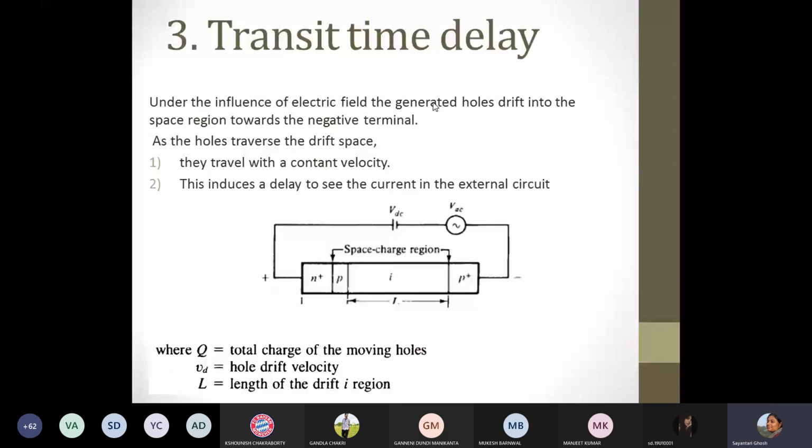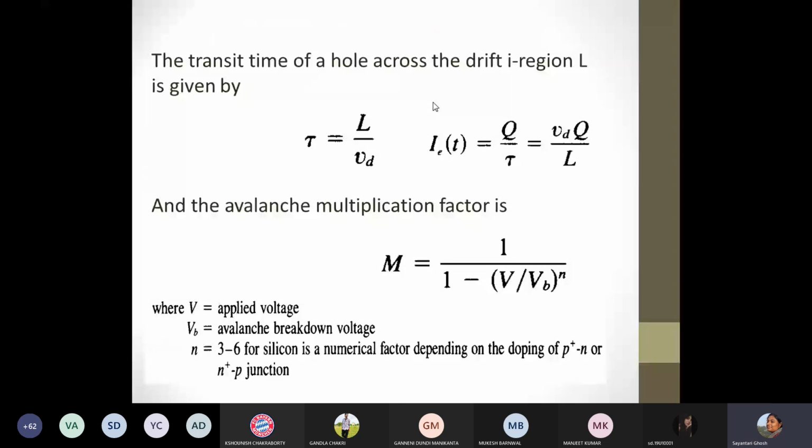These things are controlled by the transit time, which is given by the length divided by the drift velocity. The drift velocity is constant because the field is constant, for electrons and holes. If I supply you that value and you know how long your device is, then you can basically control tau, the time taken, the delay.